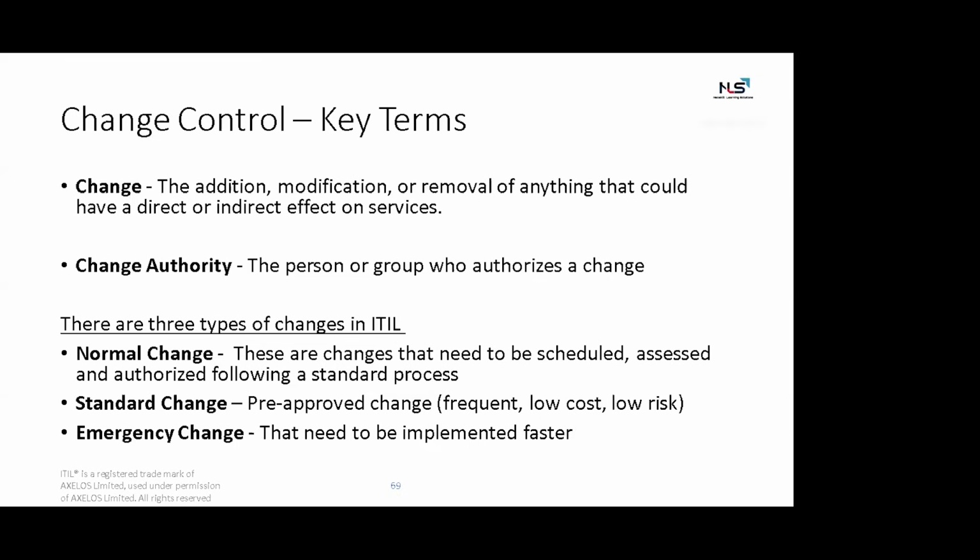A normal change needs to be scheduled, assessed, and authorized in a regular, normal manner. Standard changes are pre-approved changes. An emergency change needs to be implemented faster, if we have some major issues. I'll suggest you write this down, these are important aspects.